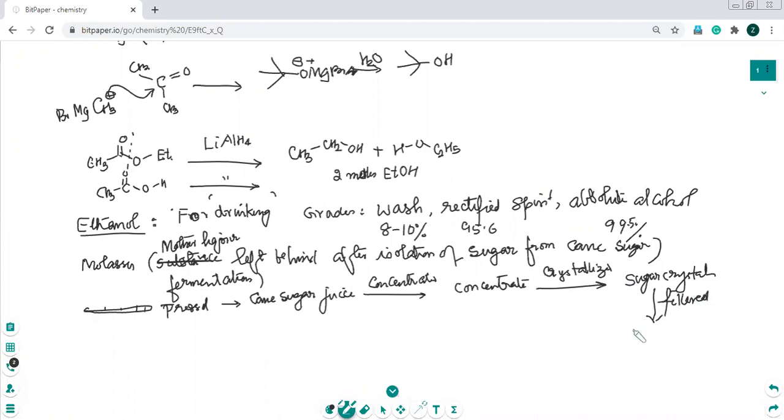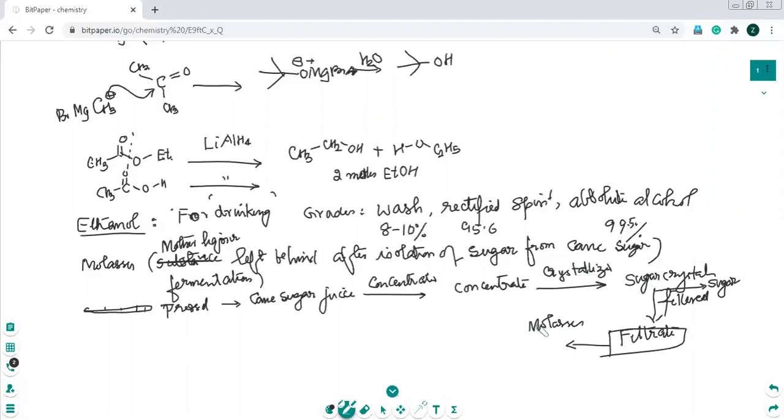So here you get sugar, and here you will get filtrate. This filtrate is known as molasses. The maximum amount of sugar is separated, and what is left behind is molasses.